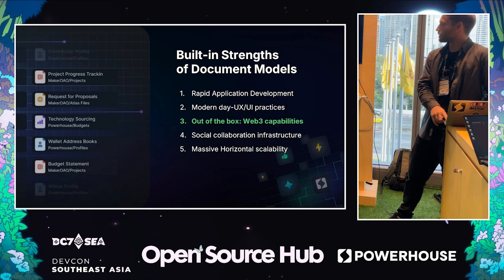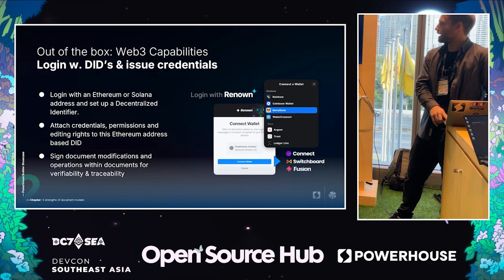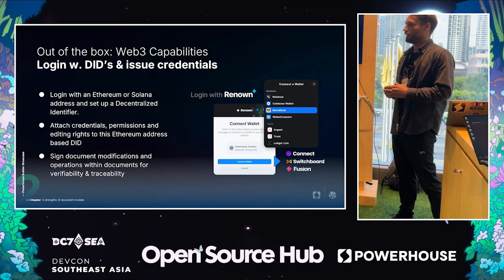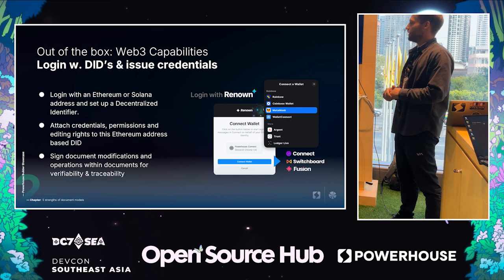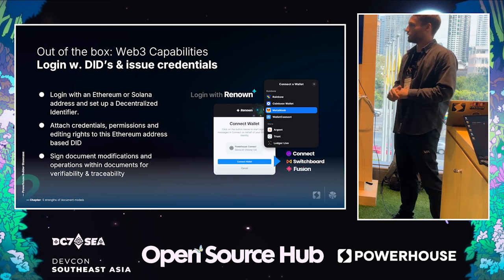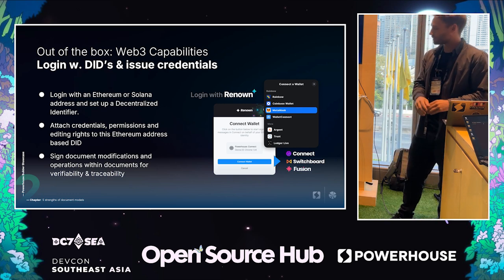There are some out-of-the-box Web3 capabilities that come as part of our native apps. Any contributor of an organization can make use of login with Ethereum, where we attach a decentralized identifier to their Ethereum address, which can hold permissions and credentials.